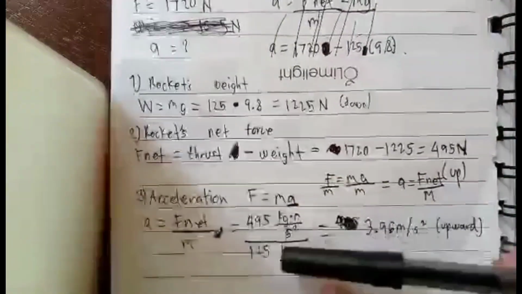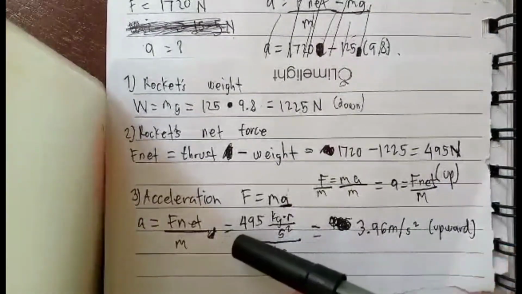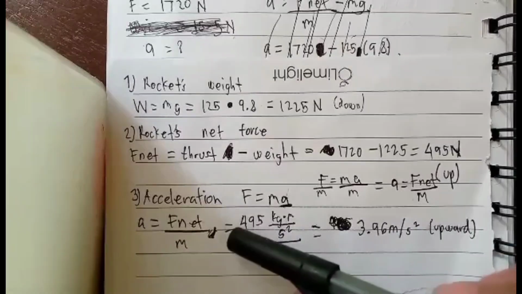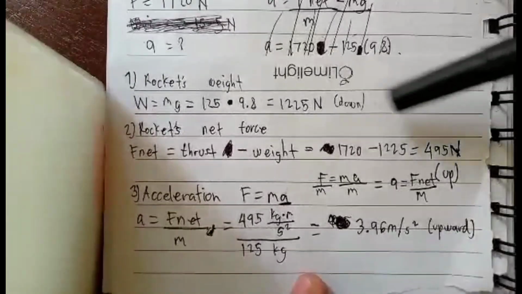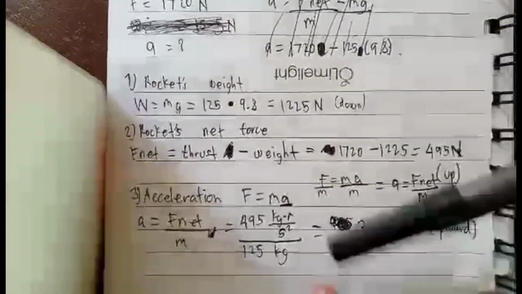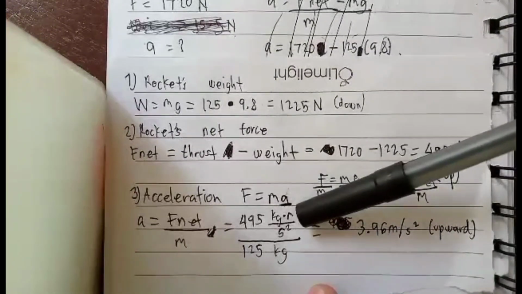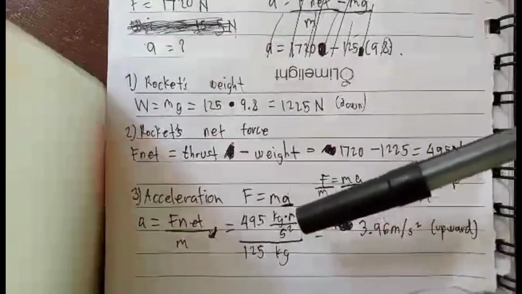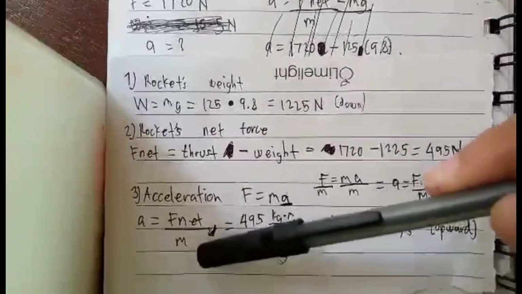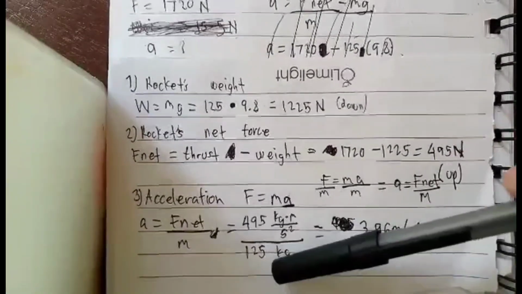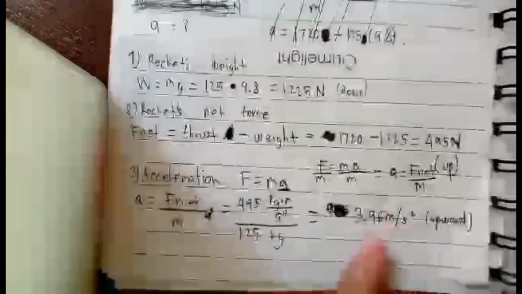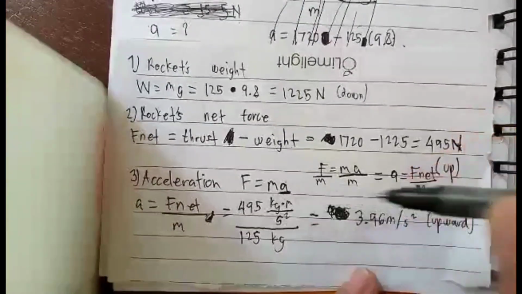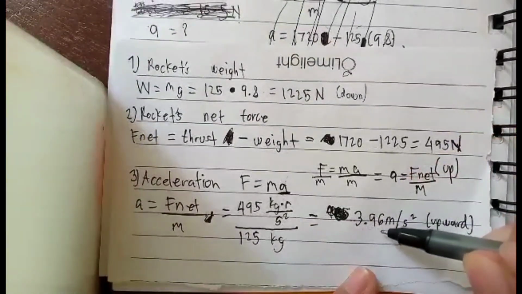So we must substitute the given. F net equals 495. The newtons is just the same as kilogram times meter per second squared. Then the value of m equals 125 kilogram. So it equals 3.96.